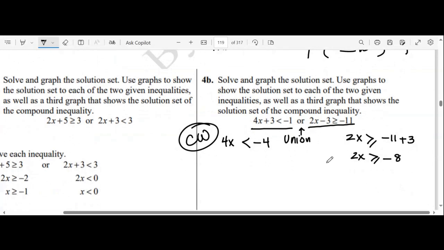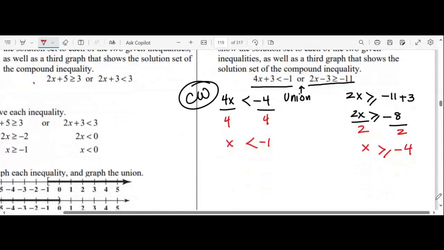Divide. Divide by what? Divide by 4. And here divide by what? Divide by 2. So we did it. How much do you get? Here, negative 1, and here, 2 minus 4.